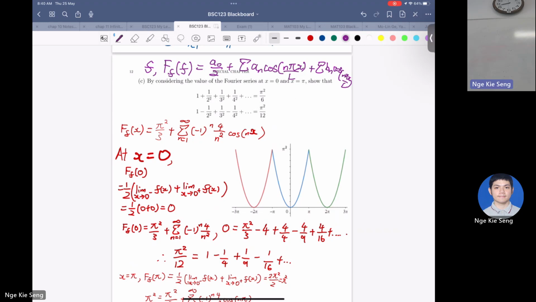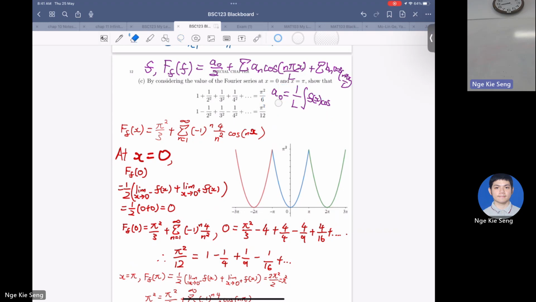So all these coefficients you can compute as an integral. Integral of what? Integral of the periodic function multiplied by cos or sine, depending on whether you want to find an or bn.